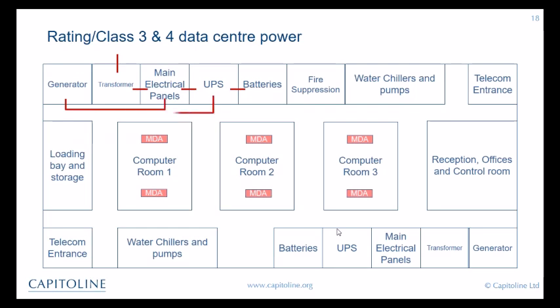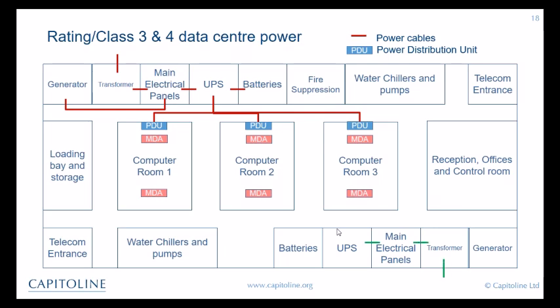We talk about the different ratings and classes of systems, different tiers, if you like, of the data center. And we represent that graphically and in plan layouts like this to give a good feel for the principles involved.